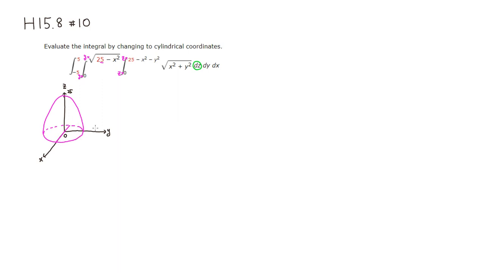So this right here is y equals square root of 25 minus x squared. We only take half of it, so the only portion we consider would be this much.